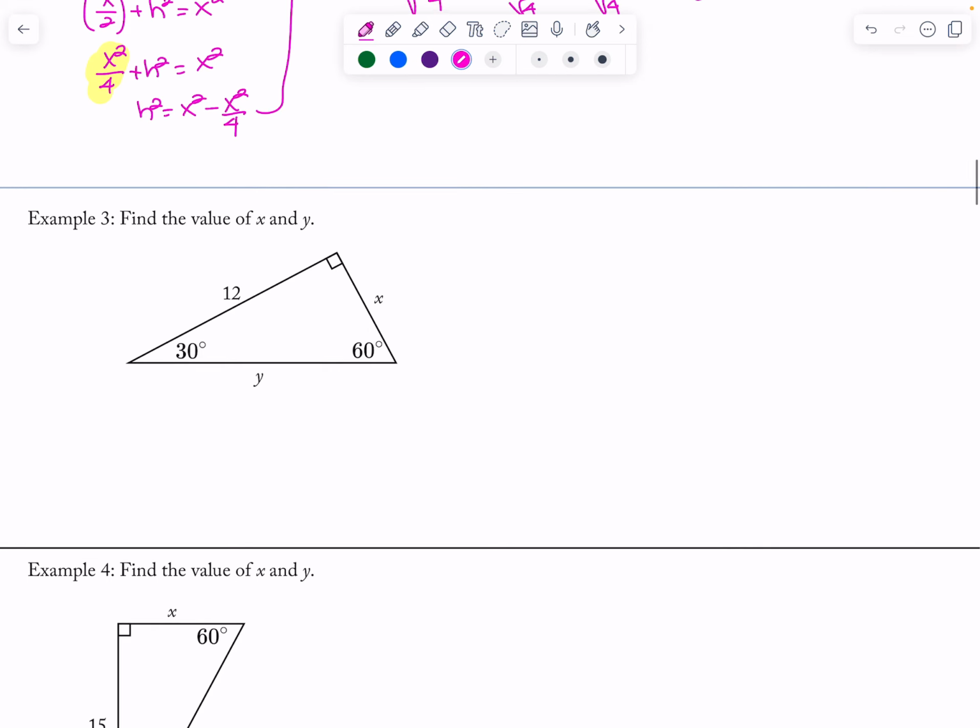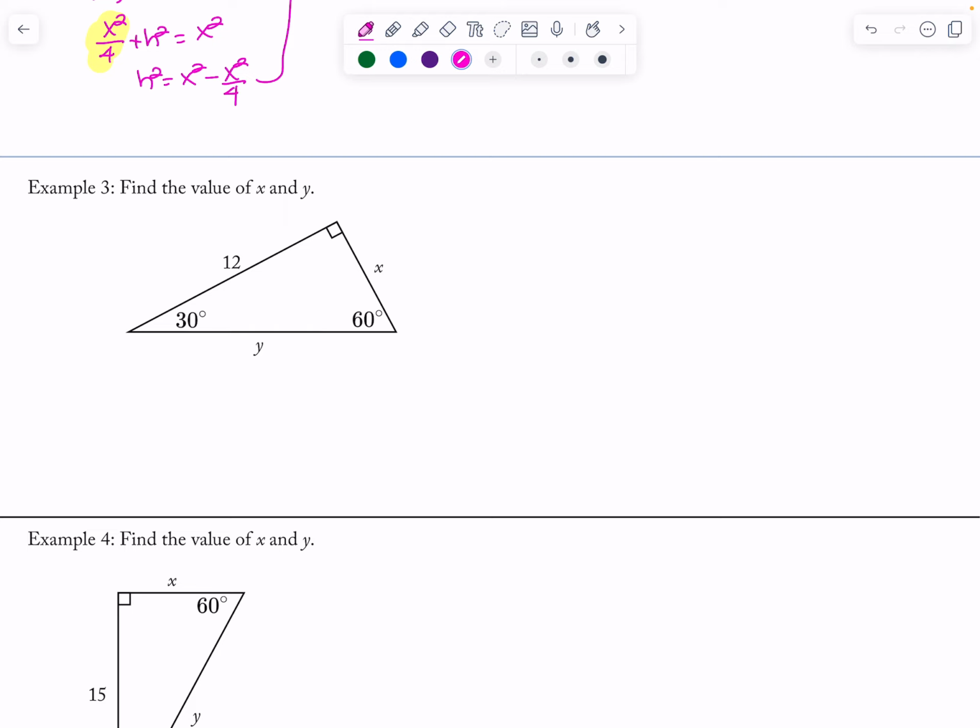Okay, so now if I look at this, my hypotenuse is my y. My 30-degree angle, so this 12 is actually the same thing as x root 3. So 12 is equal to x root 3. So then x is equal to 12 over root 3. And so I do need to get rid of the roots in the denominator. So I multiply top and bottom by 1.